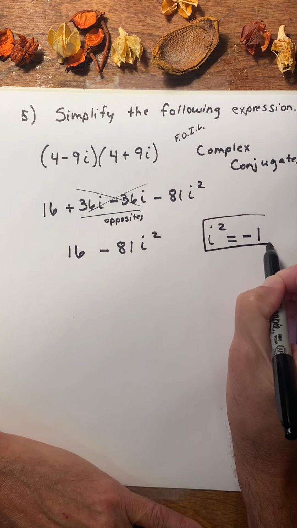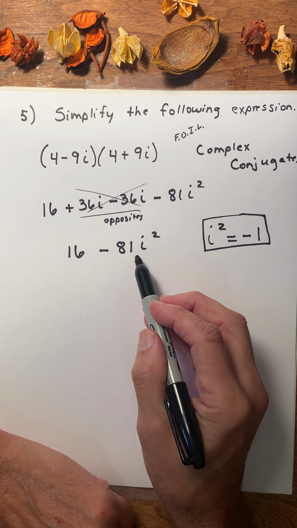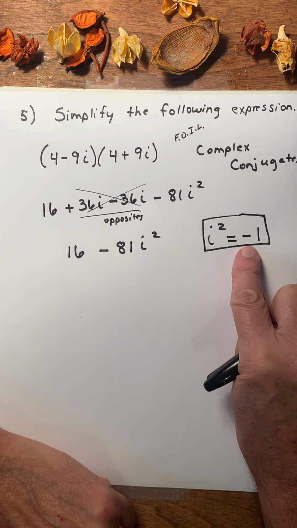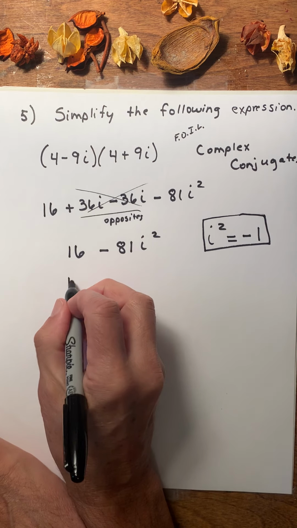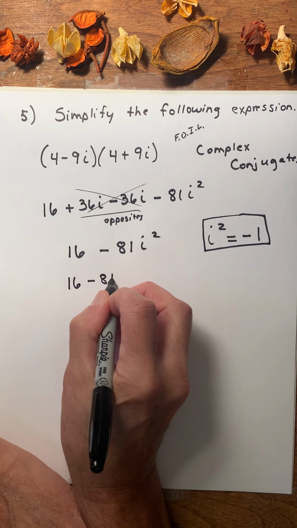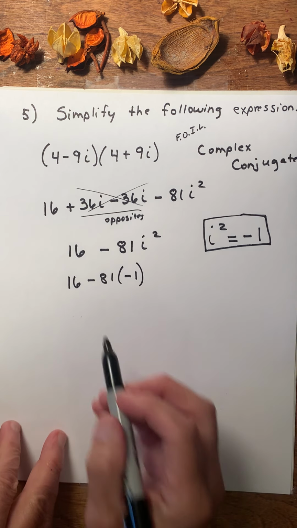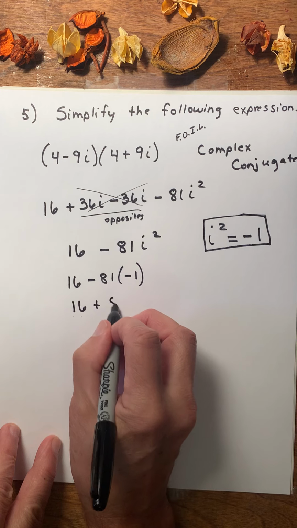So every time you see an i squared in a problem dealing with complex numbers, you will substitute negative 1. So in the place of that i squared, I'm going to substitute negative 1. Negative times a negative, positive.